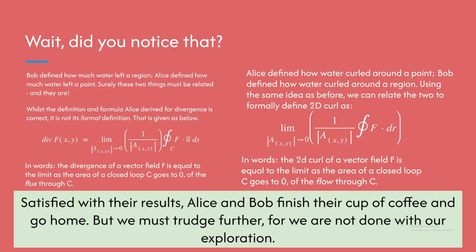Specifically with the last two, we found out how divergence and the flux integral are related in 2 dimensions at least. That's the first part of the screen here. And then on the other side, we have the way that curl and the flow integral are related.